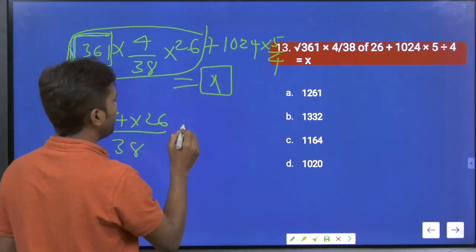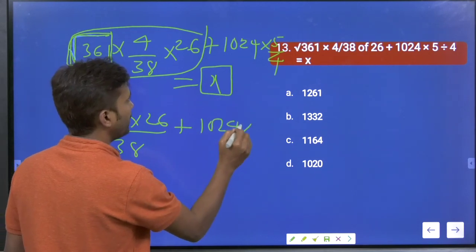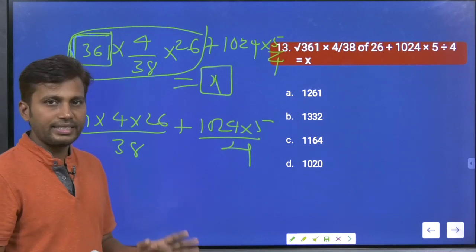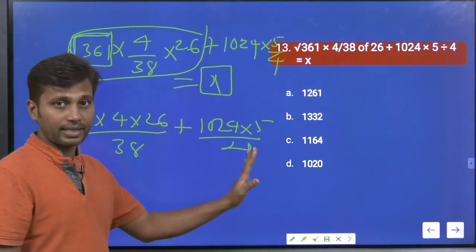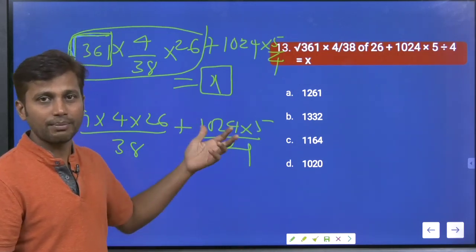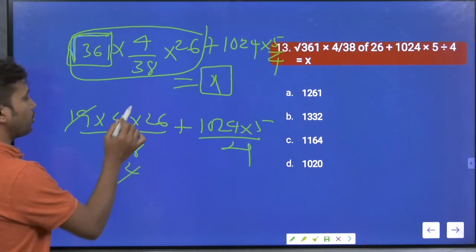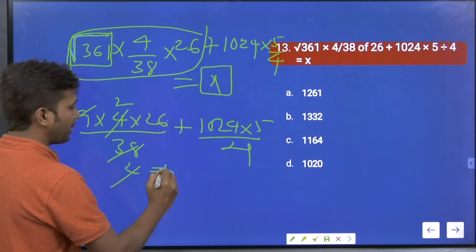And here what can we write? This is again plus 1024 into 5 by 4. I am writing here only considering non-math students, because this is a simplified pattern. Now you can do the further cancellations and add the remainders. Now tell me, 19 2s are 38, 2 2s are how much? 4, and now 26 2s are how much? 52, right?